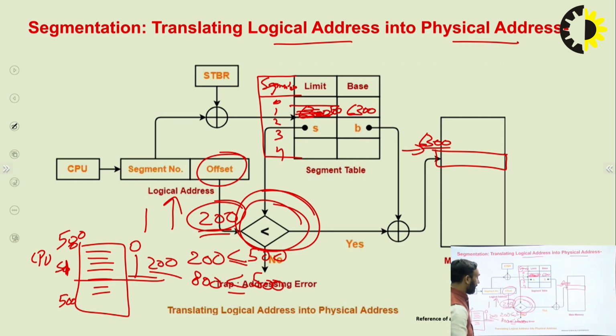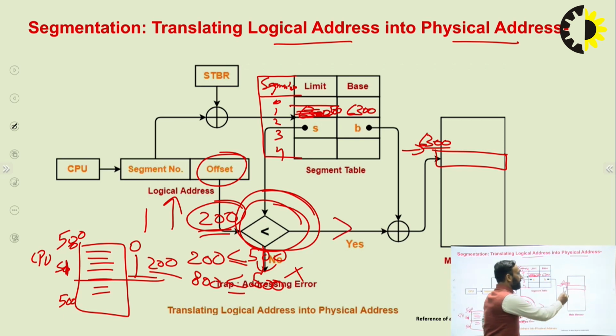So in this case, the address or program will not be read and it will terminate. But if the value of the offset is less than or equal to the limit, then it passes in the yes state, and it will read the content from 6300 up to 6500, with the max limit being 6800.